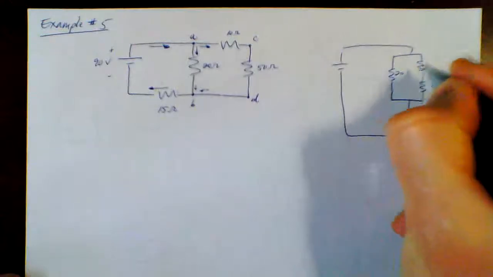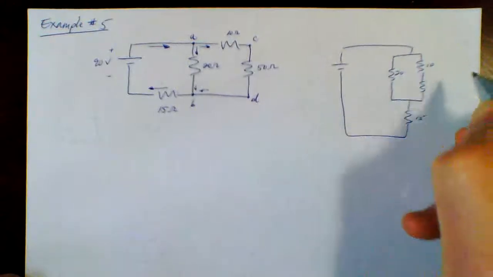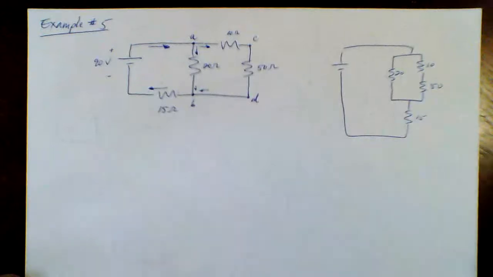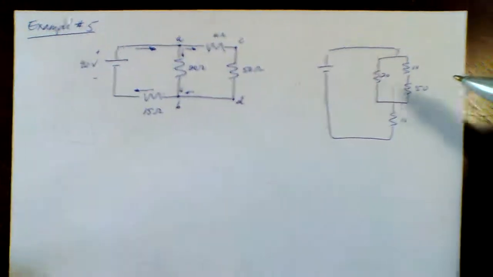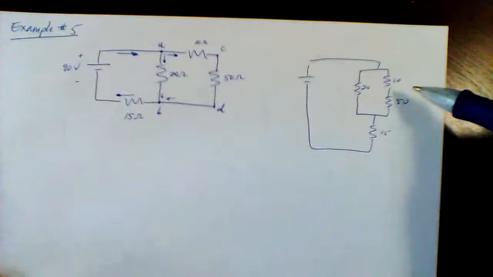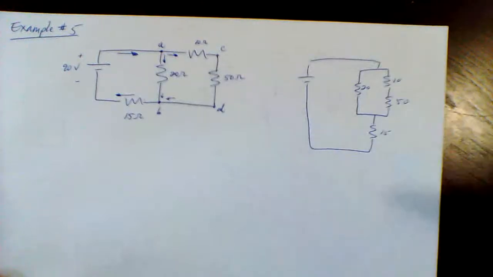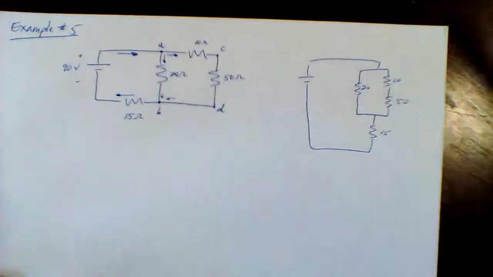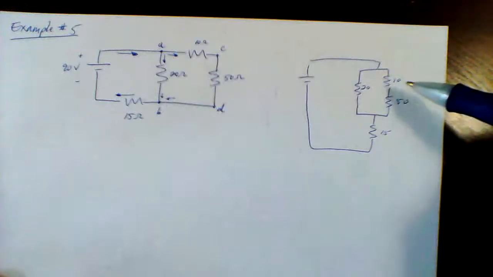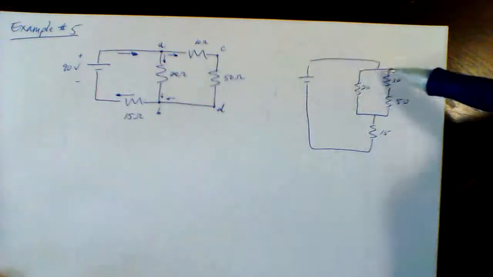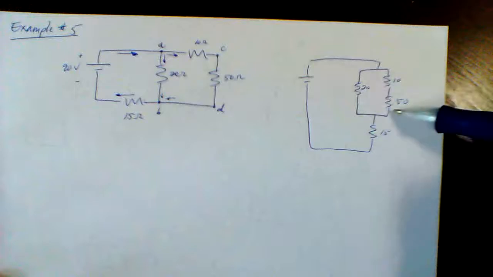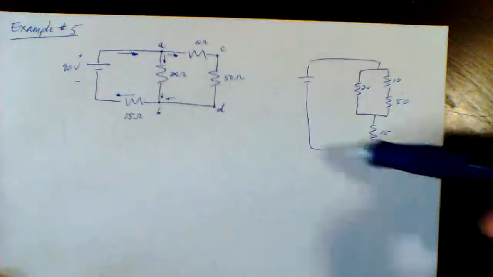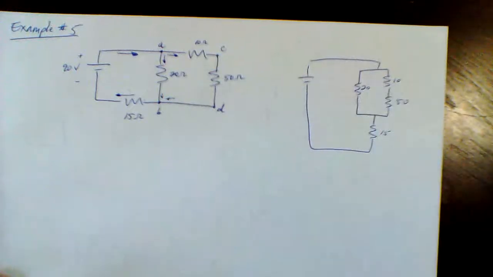This would be the 20 ohm resistor, this would be the 10 ohm resistor, and that would be the 50 ohm resistor. I'm not labeling these with my units because I want you to associate with that, but I don't want to go too far in depth here. I do want you to note that my current essentially comes through here, splits between these two legs, then comes back together and goes through the 15 ohm resistor and back to the battery.